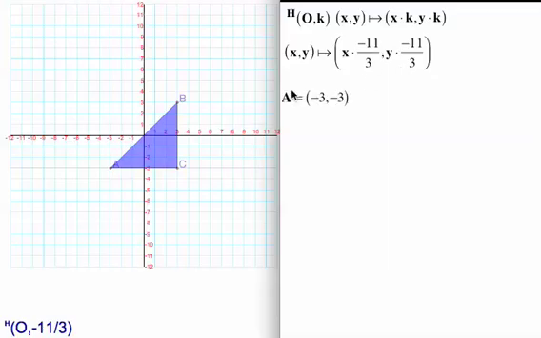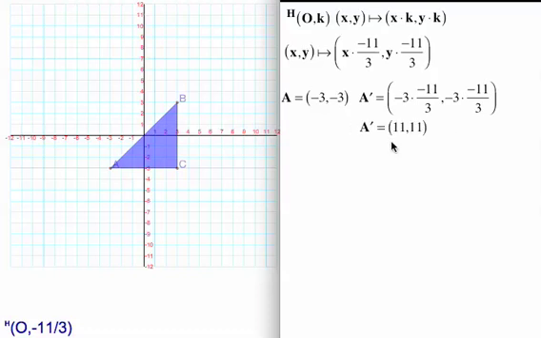For example, if A is negative 3, 3, then A prime is going to be negative 3 times negative 11 over 3, and the same thing for the y, right? So negative 3 times negative 11 over 3. And what happens is the 3's are going to cancel. We're going to have two negatives make positives. So we're going to have positive 11 and positive 11.